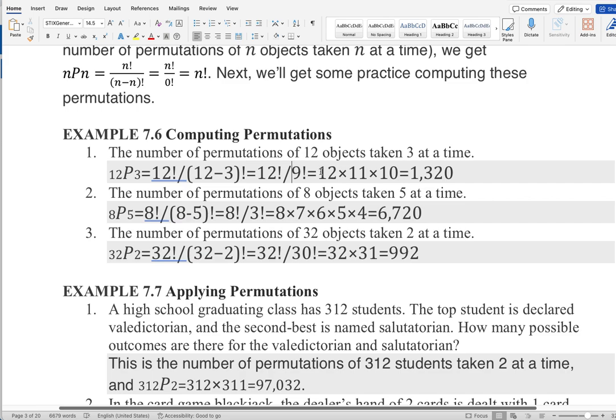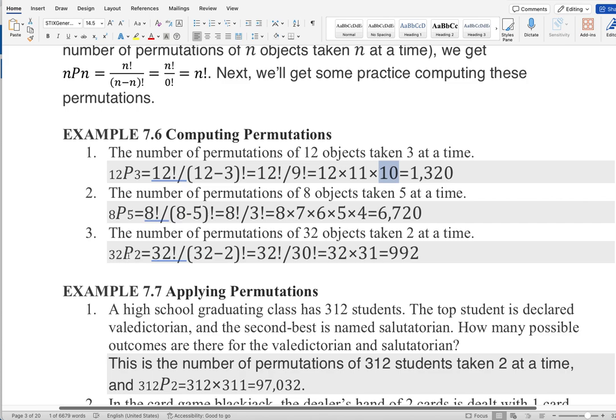For the first choice, there are 12 possibilities, second one 11, third one 10. We multiply all of them together. But anyway, the formula still works very well. Similarly, we are taking 5 out of 8, so it's denoted as 8P5, and we do the calculation and get the number.